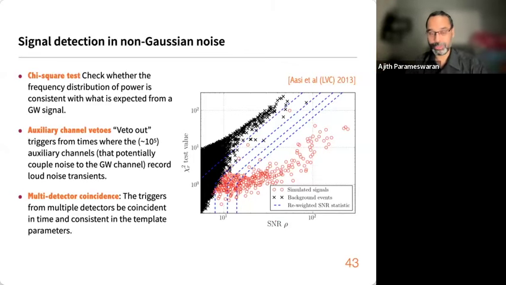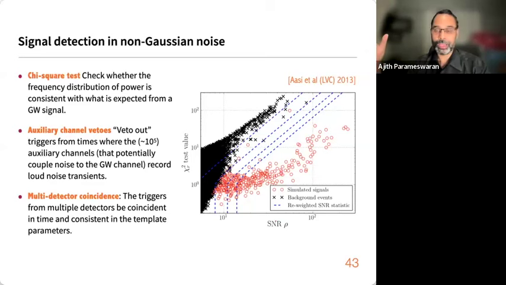Another most powerful technique is to require that the true gravitational waves be coincident in multiple detectors. Because if the signal is truly a gravitational wave, it has to be detected by multiple detectors. But if it's an instrumental artifact, it's very unlikely that you will have the same kind of instrumental artifact occurring at the same time in multiple detectors that are separated by thousands of kilometers.